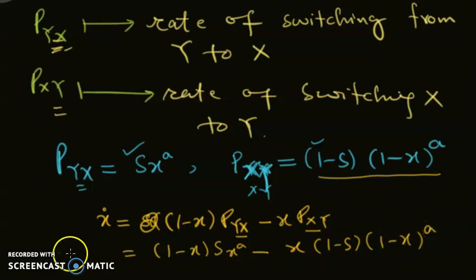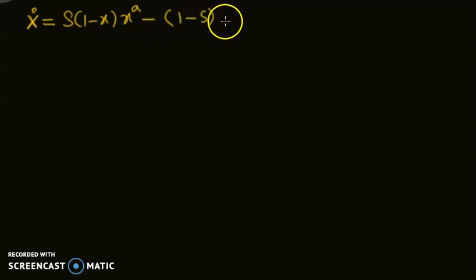Or in other words, we get x dot equals s times (1 minus x) times x to the a minus (1 minus s) times x times (1 minus x) to the a.